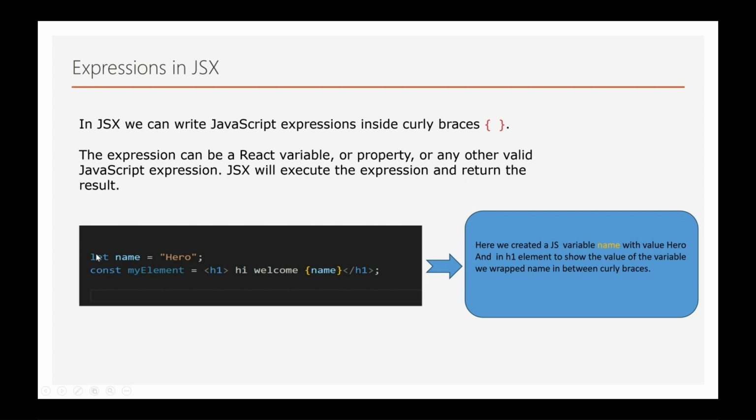Consider this example. Here we have created a JavaScript variable, name, with value hero, and in the h1 element, we wrapped the variable name in between curly braces to show the value of the variable. The output of this code shows "Hi, welcome hero" on the web page.